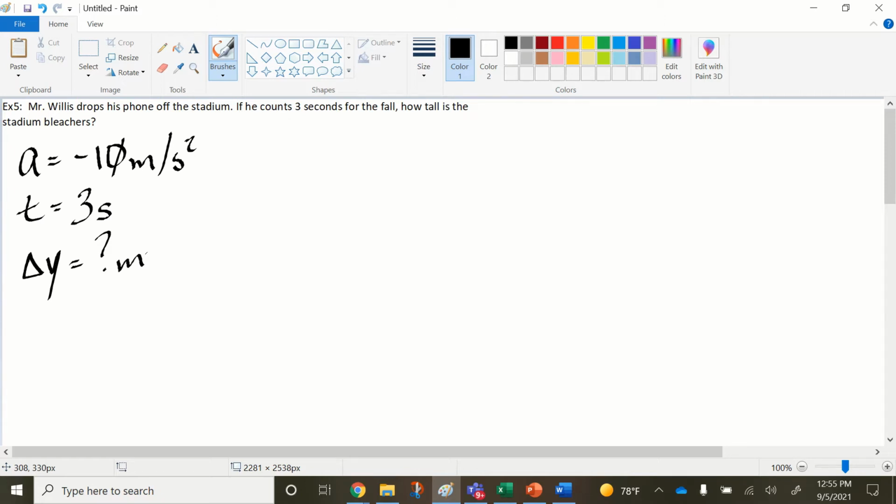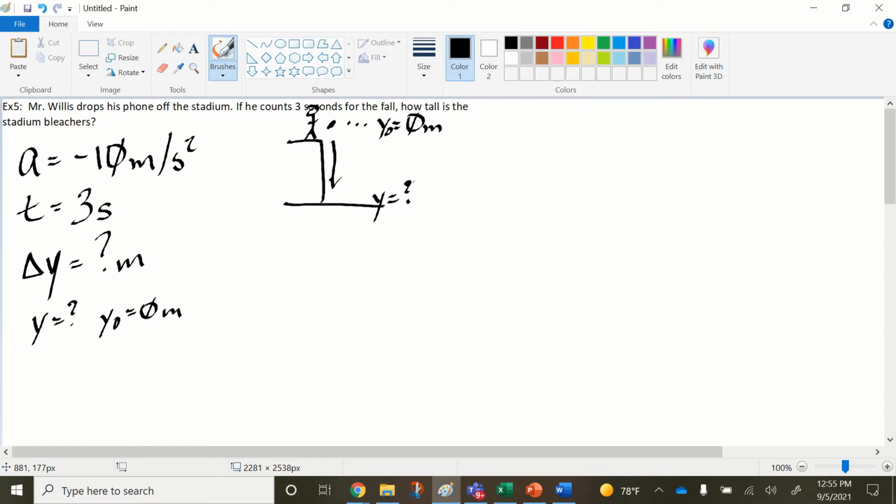The other things that we could potentially know, again, I like to just use delta y. Really, it's y that we're looking for, with y0 being set at 0 meters, which essentially just means, as I'm standing up there on the bleachers and I drop my phone, we're setting this position at 0, and it will fall in the downward direction, and this position at the bottom is what we're looking for.